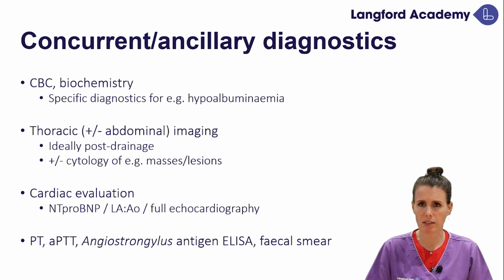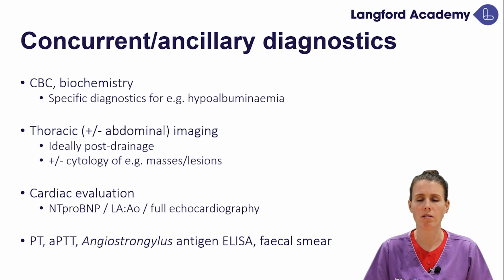And then sometimes we'll need to consider, as we've mentioned along the way, coagulation evaluation, testing for other endemic diseases such as Angiostrongylus vasorum, which could cause coagulopathies, and a fecal smear for Angiostrongylus as well, depending what country you're practicing in.